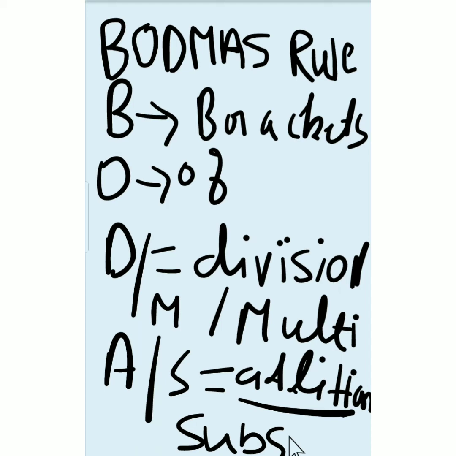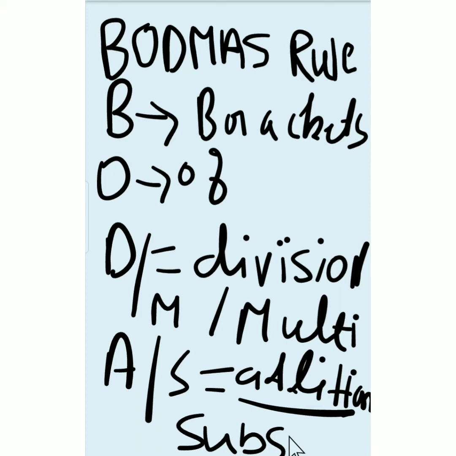If we have a mathematical expression that has all these mathematical operations, then this rule will tell us which one we solve first, whether it will be multiplication, addition, subtraction, or the bracket. This is a very important tool to solve these expressions. So we go with bracket first, then of, then division, multiplication, and addition and subtraction.